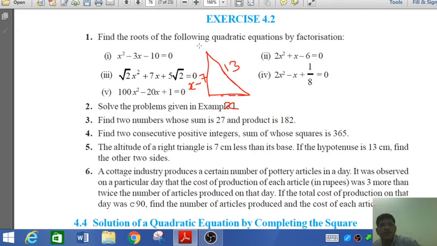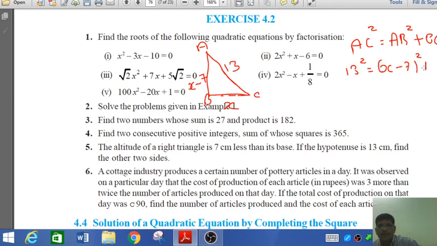Again, if we apply Pythagoras, here it is a, here it is b, here it is c. So if I apply Pythagoras, then c square is equal to a square plus b square. So 13 square is equal to x minus 7 whole square plus x square. If I open it, 169 equals x square minus 14x plus 49 plus x square.